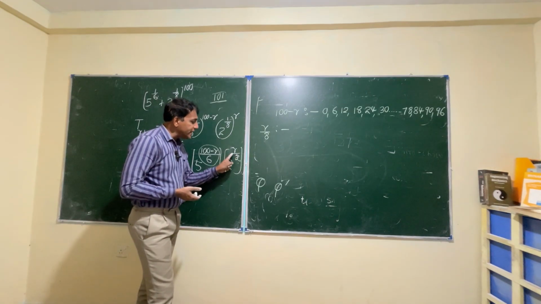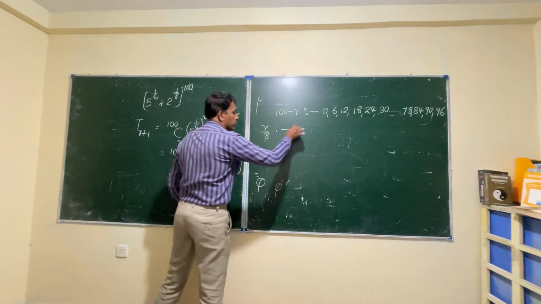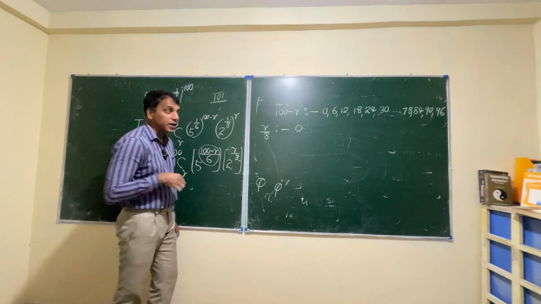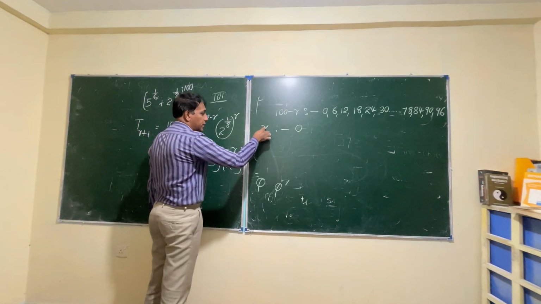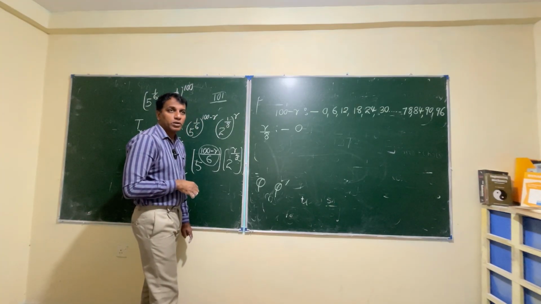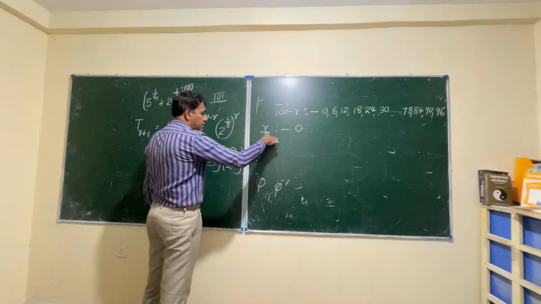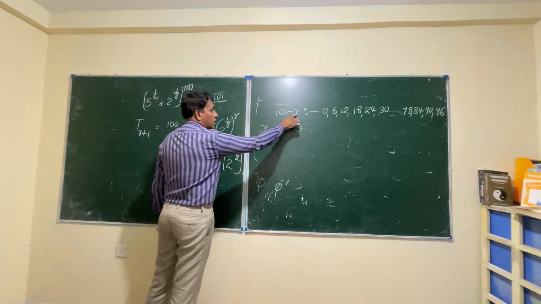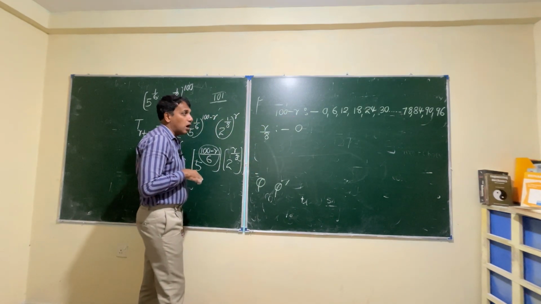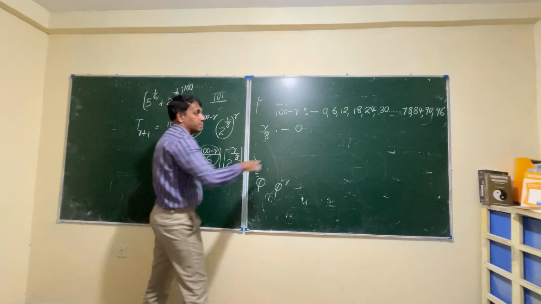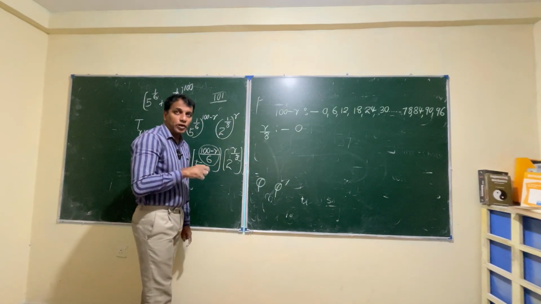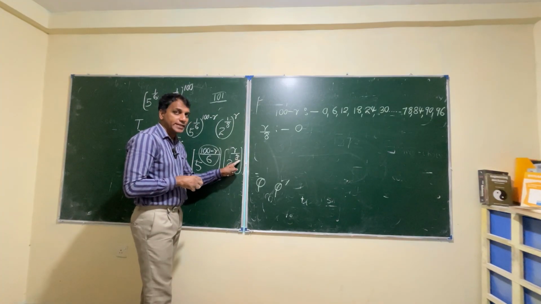So r by 8 can be 0. r is 0, 100 divided by 8, r is 100, no, you can't take 94. At the same time the other one also should be divisible by 8.